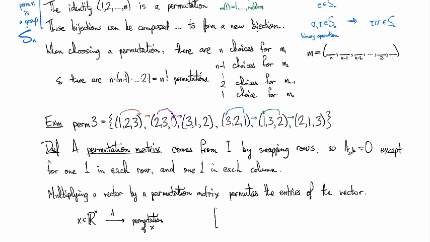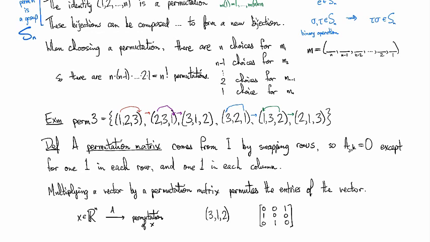If I take the permutation 3, 1, 2, I could write this as a matrix. So 3 tells me that I've got a 1 in the third column, and then 1 tells me I've got my 1 in the first column, and then 2 tells me I've got my 1 in the second column. So there's an example of a permutation matrix corresponding to 3, 1, 2.